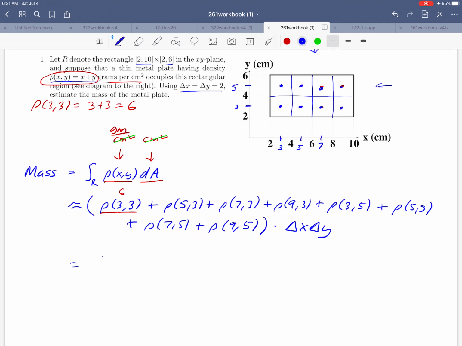Then we come to the next number, rho of 5, 3. Same idea. We take 5 and 3, plug it into the formula x plus y that they gave us, and we get 8. You kind of get the idea here. Rho of 7, 3 is going to be 10, rho of 9, 3 is going to be 12, and we just keep going.